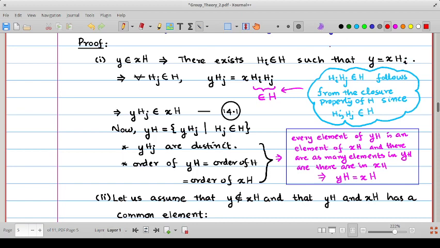That is because the coset of H with element x is given by the set of elements x hi, where hi is an element of H. So if y is an element of xH, there will be one particular hi for which x hi is equal to y.